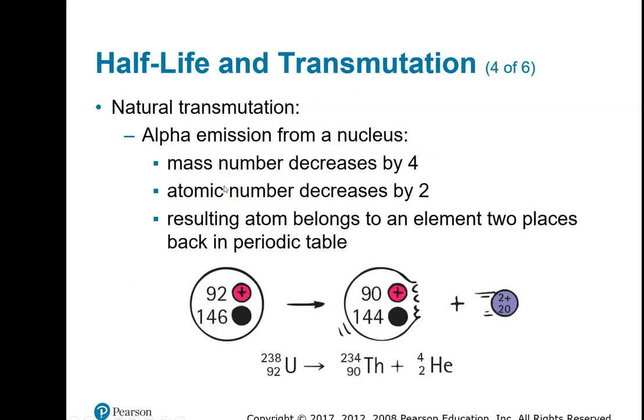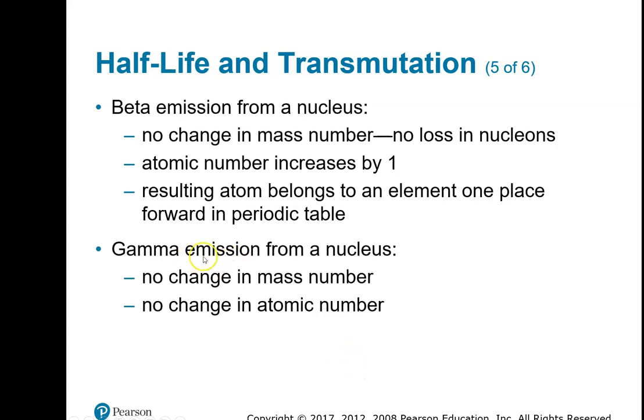I don't know why it doesn't have the alpha decay. So well, this is alpha decay. So for an alpha decay, the atom becomes two steps down on the periodic table. For a gamma decay, there's no change at all.